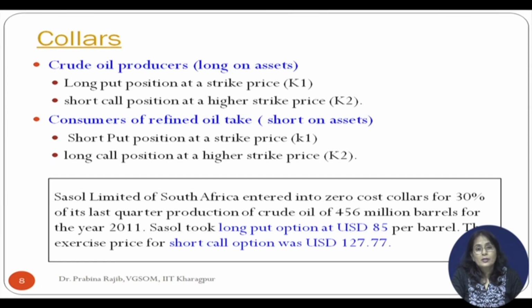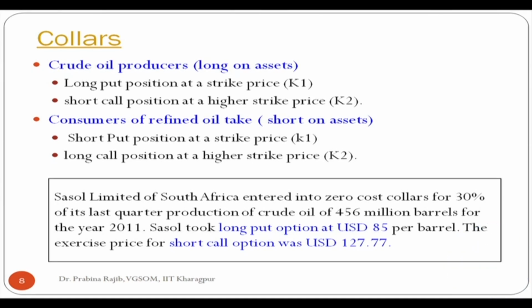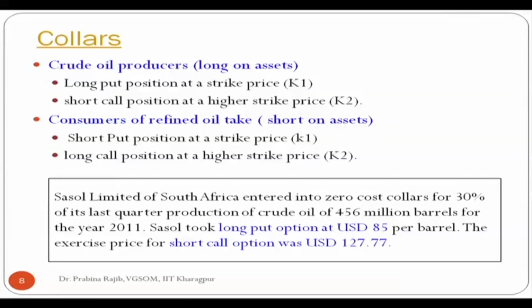So K1 is your strike price for the long put position, and K2 is your strike price for the short call position. And similarly, let's say the consumer of refined oil. If you have, let's say, an airline company which buys ATF, it fears that ATF price is going to go up.